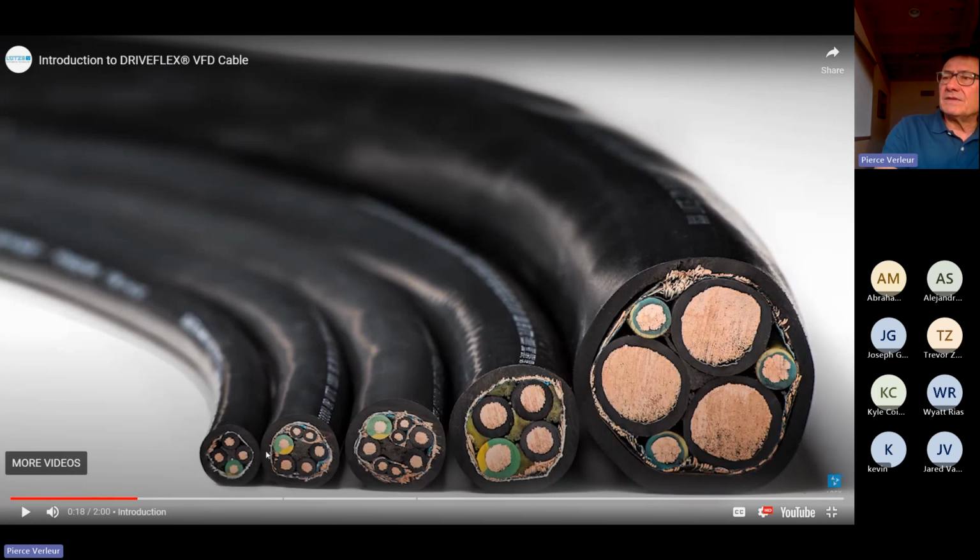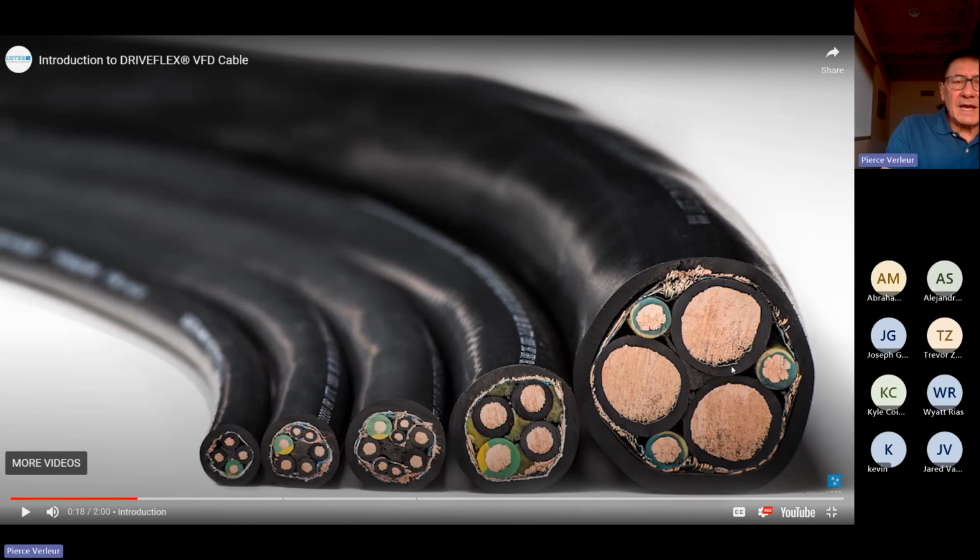Also, note in all of these cables, note how finely stranded these cables are. Another very, very important aspect of VFD duty cable. This fine stranding means there's more surface area on the individual conductors when you sum it all up versus thicker conductors in here. High frequency noise tends to travel on the surface of the conductor.